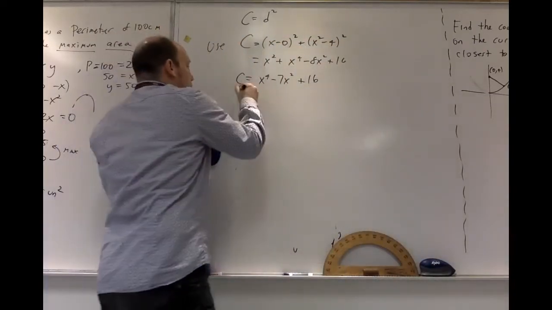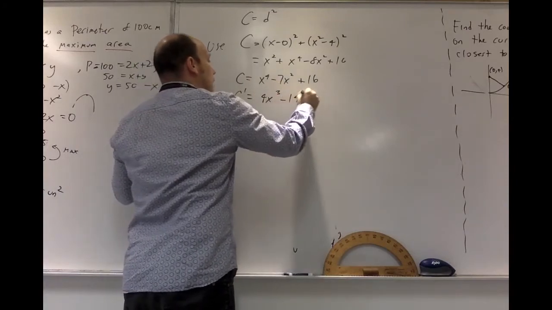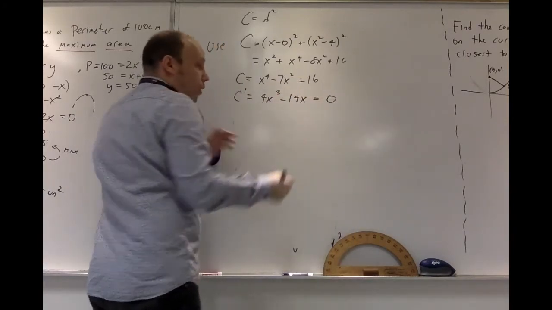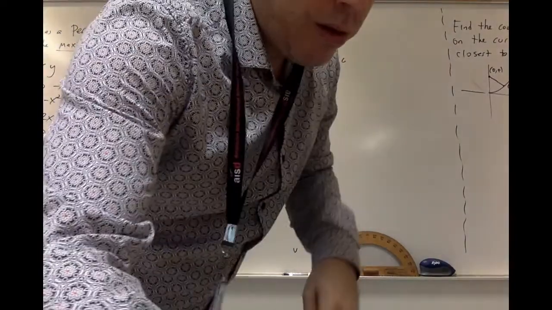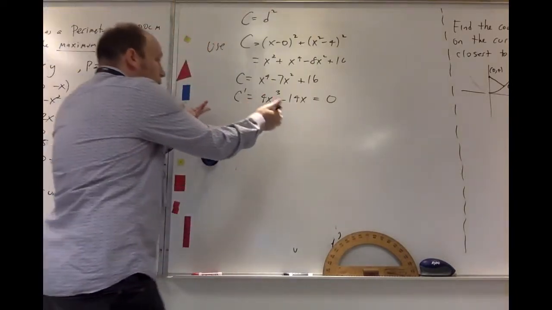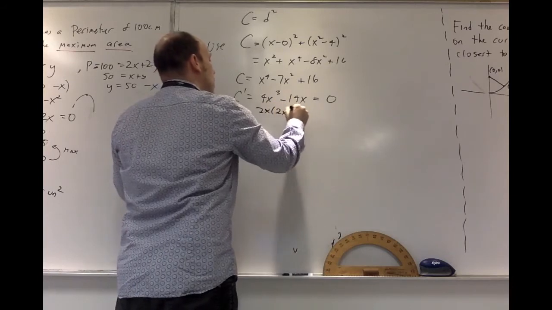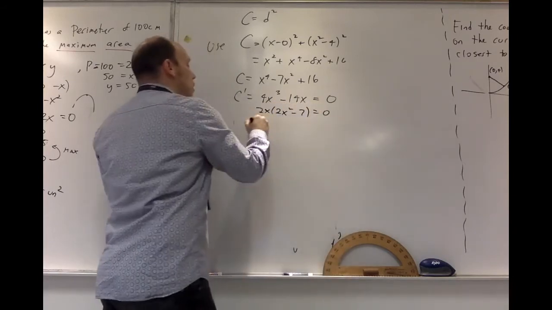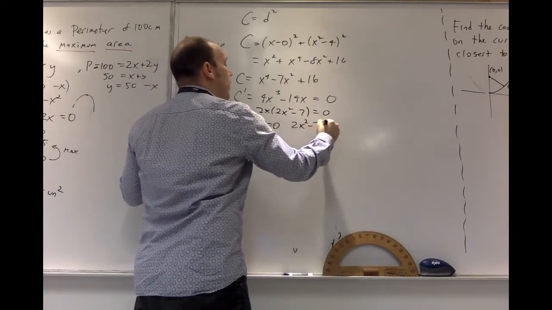Let's see what's going on here. Well, the first derivative is 4x to the third minus 14x, set that equal to 0. We already saw that over there. Let's pull out a 2x. I got 2x squared minus 7 equals 0. 2x equals 0. 2x squared minus 7 equals 0.